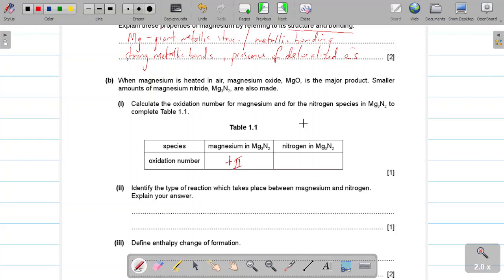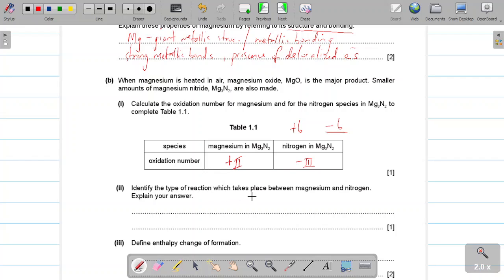And in magnesium nitride, because we have 3 magnesium atoms, this will be 3 by 2, which is +6. So we need a charge of -6 to balance this. And we have 2 nitrogens, so the oxidation number of the nitrogen in the nitride will be -3.